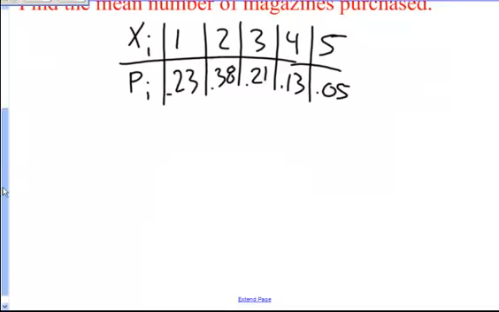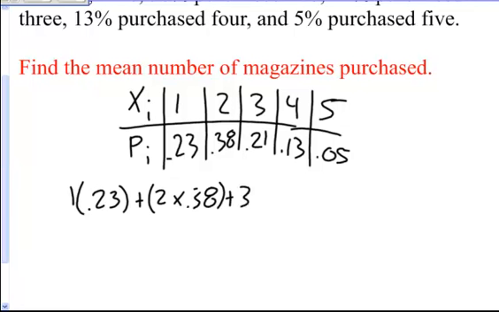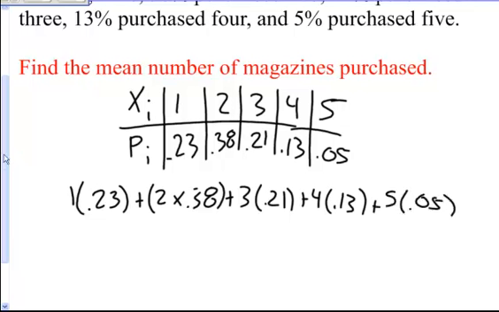So if we want to find out what the mean number of magazines being sold is, we have to multiply our P and our X together, our corresponding values, and then add them all up. So we're going to have 1 times 0.23 plus 2 times 0.38 plus 3 times 0.21 plus 4 times 0.13 plus 5 times 0.05.